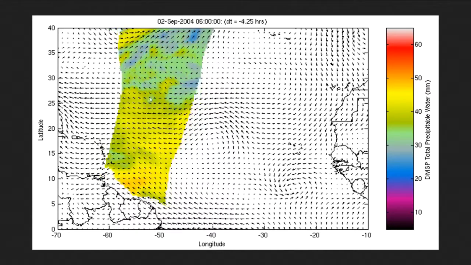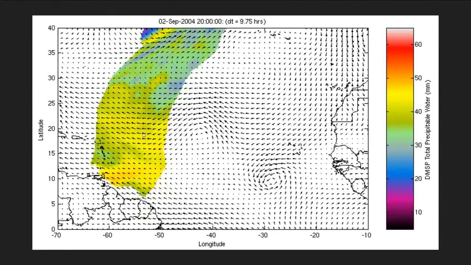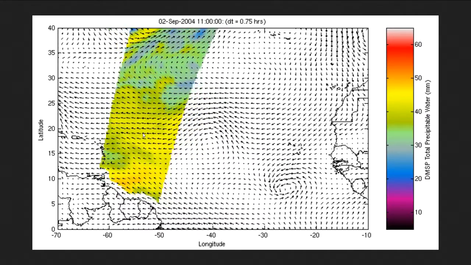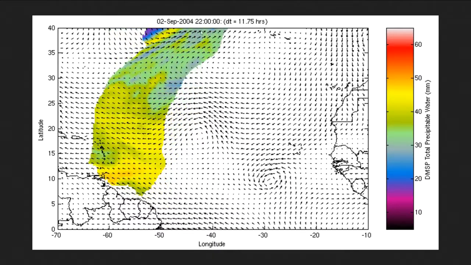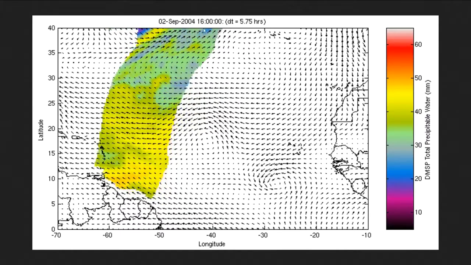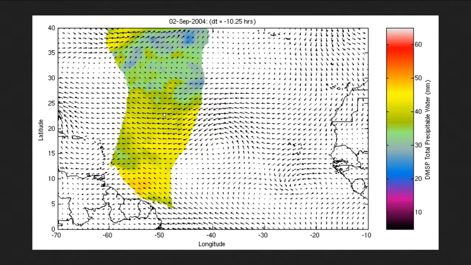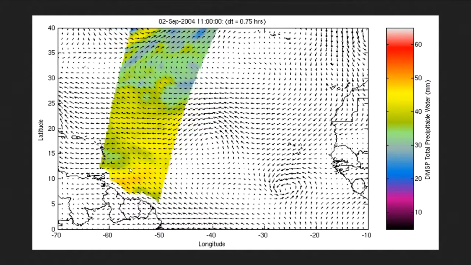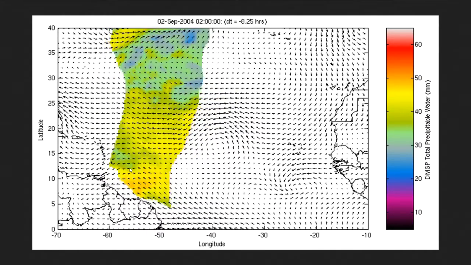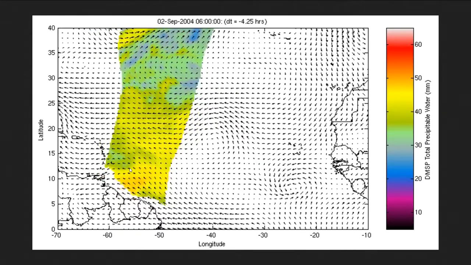Over time, this entire parcel, this entire swath that is seen by the DMSP spacecraft is morphed into a completely different shape by these wind fields. You can see the time here in hours being shifted, and so they're using this method of changing the location and shape of these pixels in this image so that it can reasonably well simulate what the actual moisture content will look like on the surface of the Earth over time.